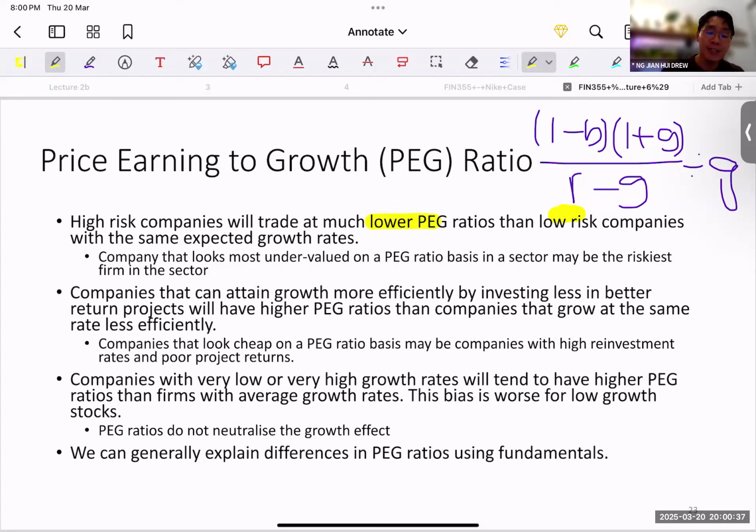So a high risk firm has a much lower PEG than a low risk firm of the same growth rate. And so, what does it mean? It means that we are going to keep on saying that a high risk company is undervalued, and therefore we want to keep on buying high risk companies, which might not be good because you are increasing the riskiness of your portfolio.